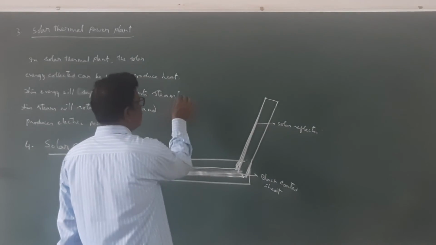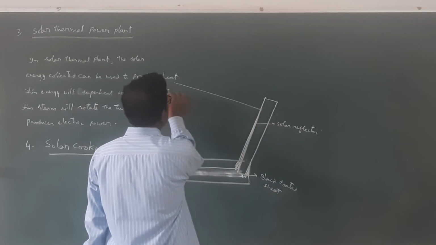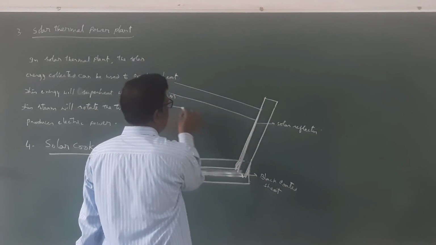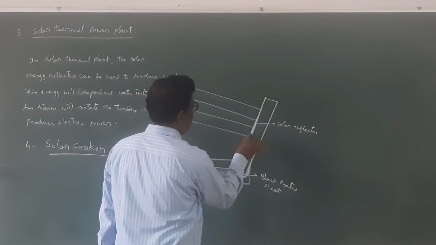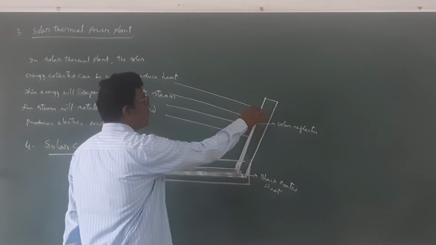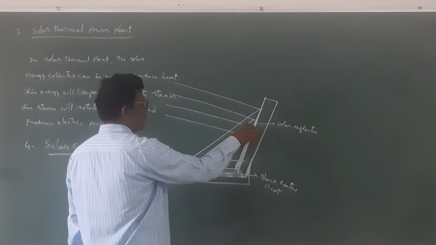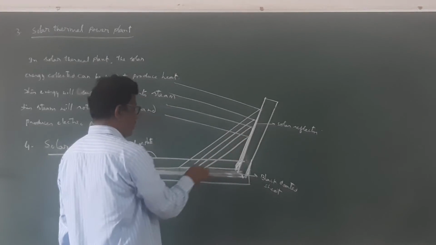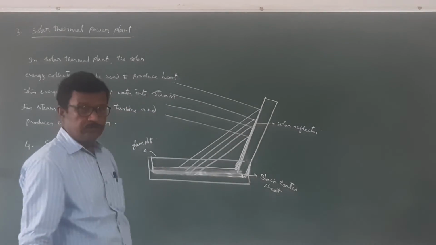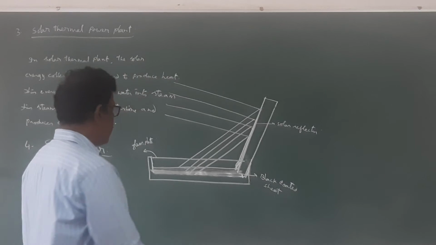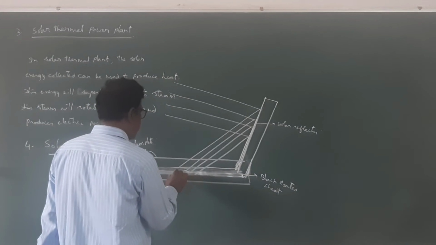When solar energy is incident over this reflector, these rays will be reflected onto the flat plate. Here, food material will be kept.